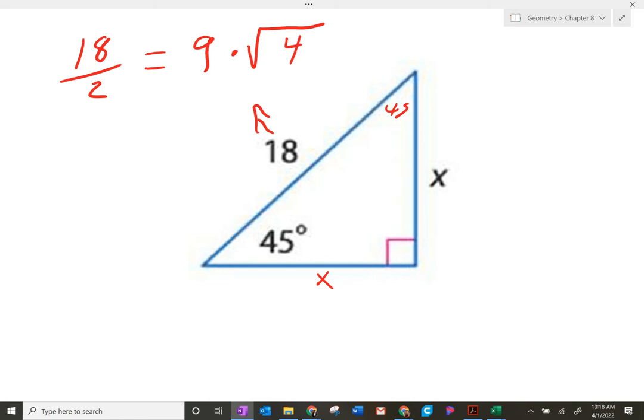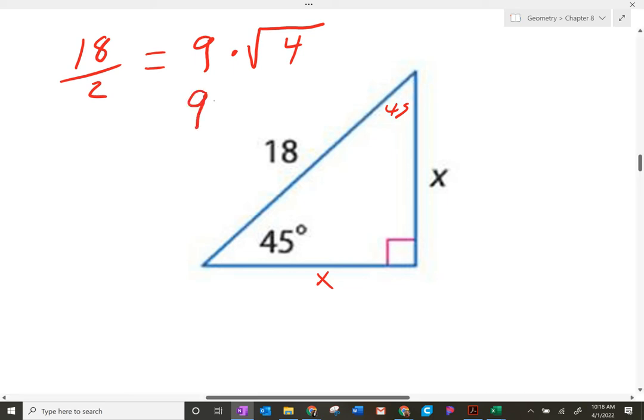If I really wanted to get picky here, because I only want to get rid of that radical 2, how can I rewrite radical 4 using a square root 2? Any thoughts? I'll help.